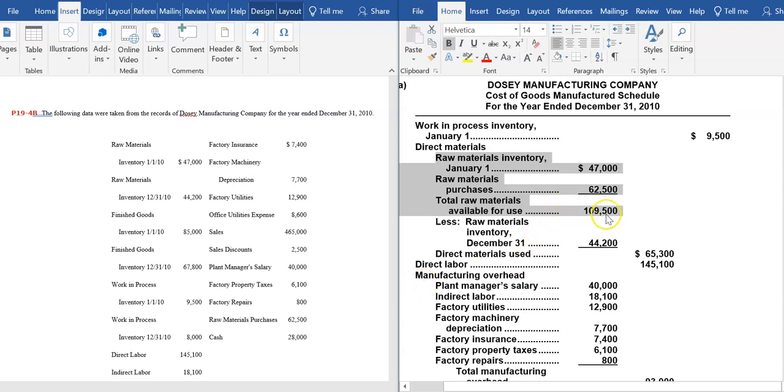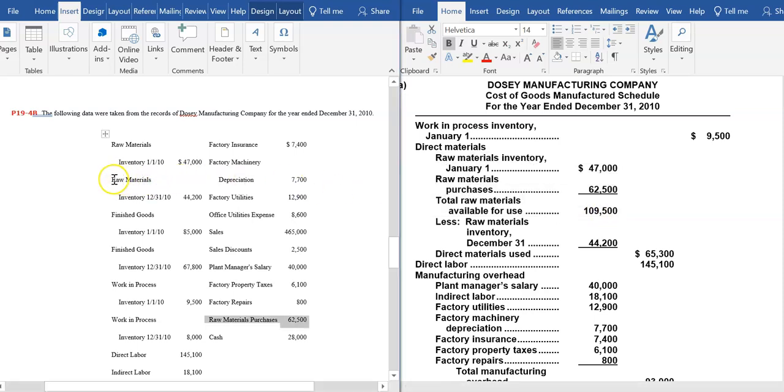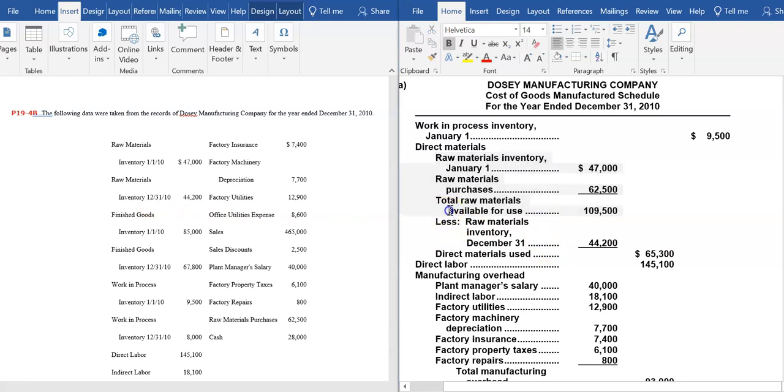If I had total materials available for use of $109,500, and I subtract out the amount of material costs still remaining in raw materials at the end of the period, which was $44,200, the difference between total material cost available less what still remains in raw materials has to be the amount that was transferred out and the amount of materials used and recorded in work in process.